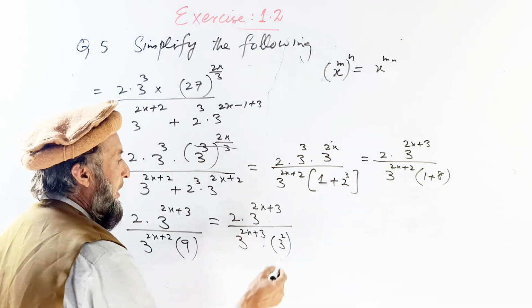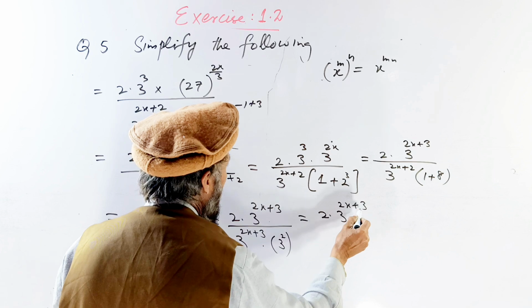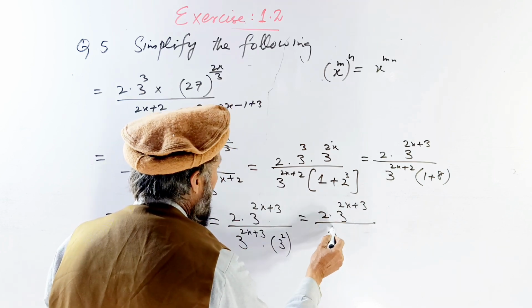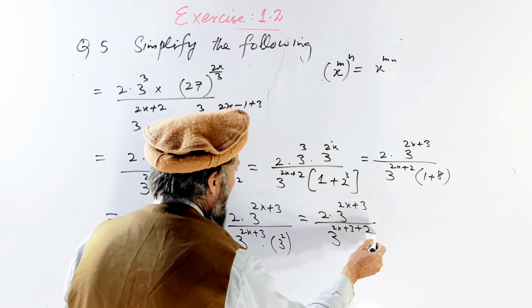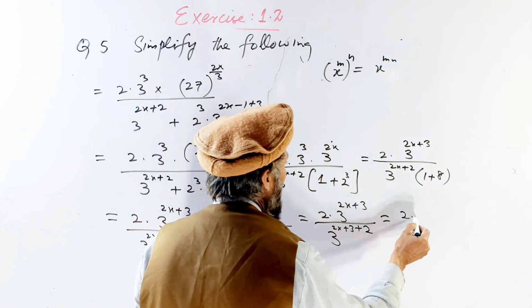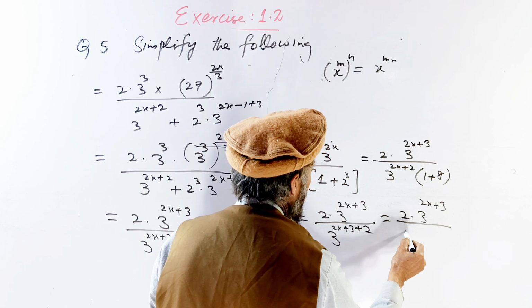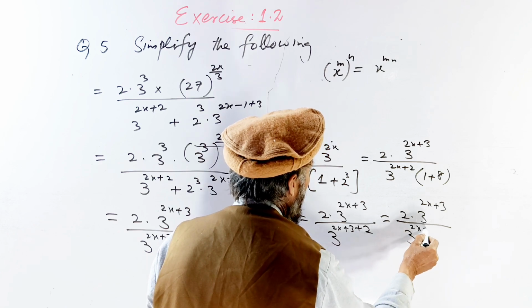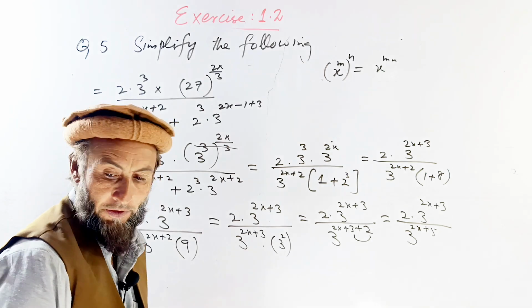Again we add the power in the denominator, 2 and 3 2x plus 3 divided by 3 2x plus 3 and plus 2 is equal to 2 dot 3 2x plus 3 divided by 3 2x plus 5. 3 plus 2 is 8 plus 5.